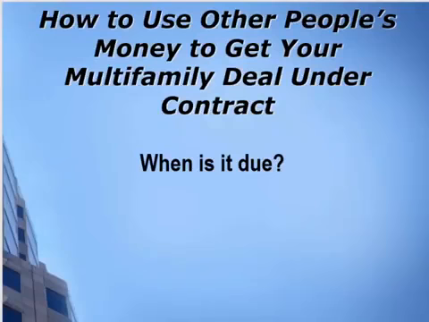When you work with me and we start putting together the purchase and sale agreement for you, we define the effective date as the date that you receive all of the due diligence information from the seller. That means the seller has to get you all the items that we've asked for.